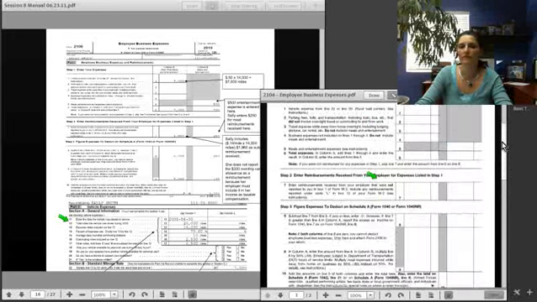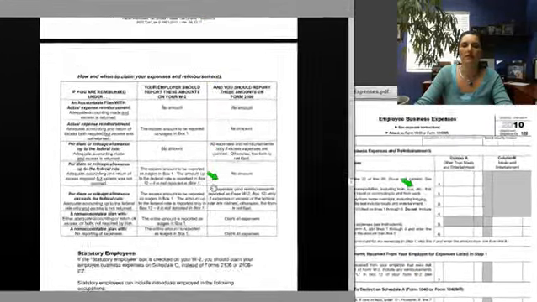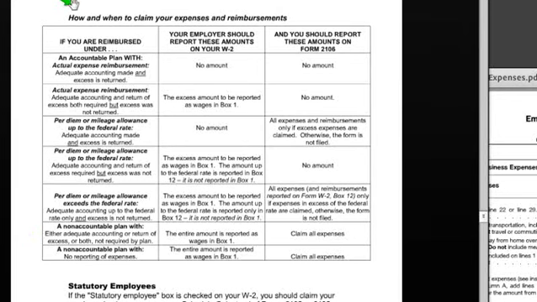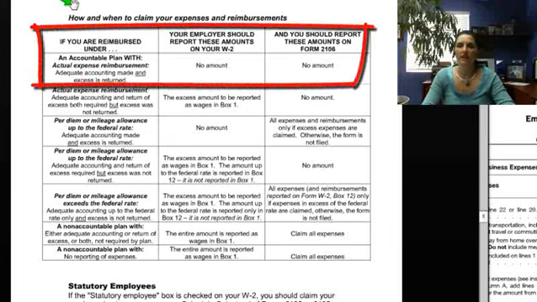So let's take a look at a summary here of how and when to claim expenses and reimbursements on Form 2106. Okay, here is a chart that does a summary of how and when to claim your expenses and reimbursements with respect to 2106. In a nutshell, this is how it works. If your employer has an accountable plan and gives you an allowance and you return any excess to your employer, no amount is included on your W-2 and no amount is reported by you on Form 2106.